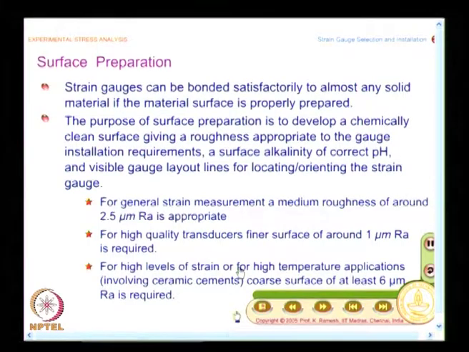Before we get into the detailed steps, you need to know why we do this. We want a chemically clean surface, we want an appropriate roughness, and we also maintain alkalinity of the surface for proper bonding, and we also need layout lines. So, this specifies what are the various steps that we may have to come across.